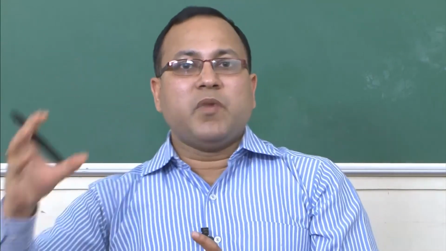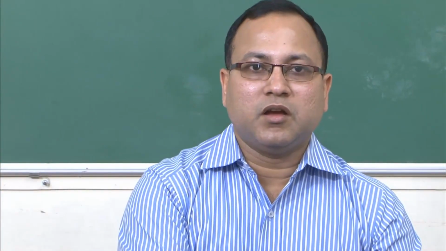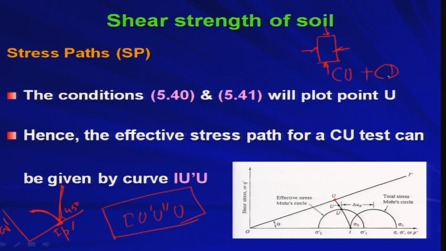So a CU test combined with a CD test, that kind of thing you can also perform. So what will happen in that situation? This is your isotropic consolidation point, this is your Q prime, P prime space. Initially you have started the CU test, and then you have done the CD test. By seeing the stress path, you will understand how the test has progressed, how the test you have performed, right.